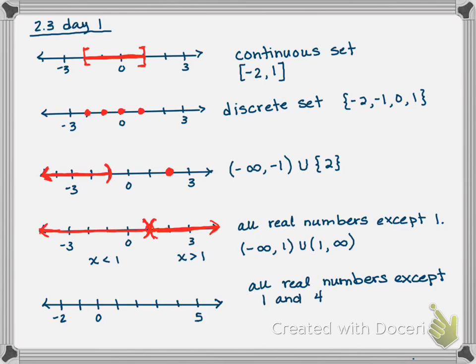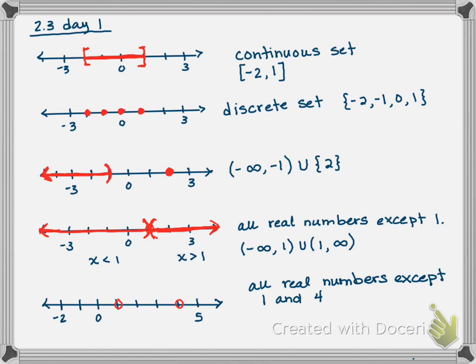So this is going to look exactly like the one above it, except that whole back-to-back soft brackets is going to happen twice, right? We're going to skip over 2 numbers. So we are not including 4, and we're not including 1, which means we've broken our number line up into 3 intervals this time, right?